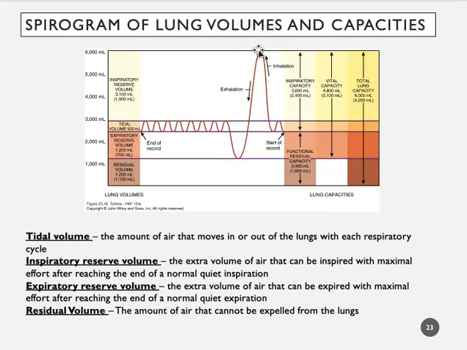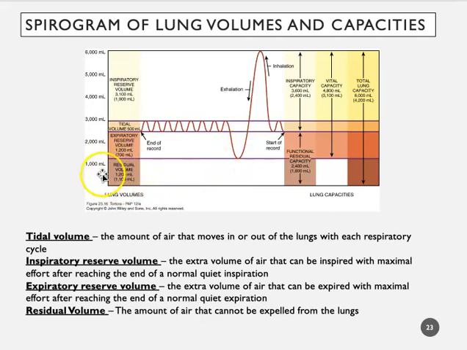And then going the opposite direction, the expiratory reserve volume, this amount right here, is the amount that you can breathe out after a normal breath out. So as you breathe out normally, you would then try to breathe all the extra out until you can't breathe out anymore.